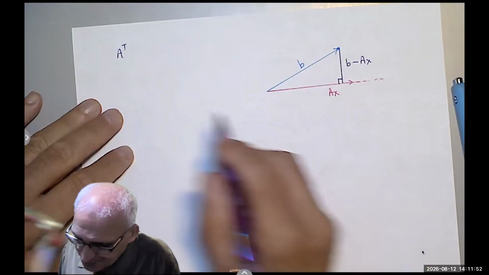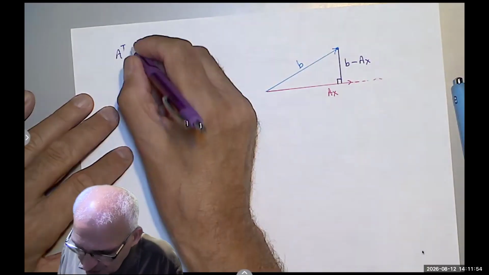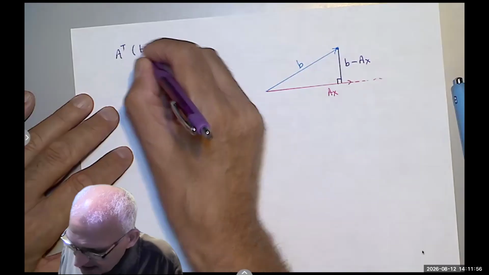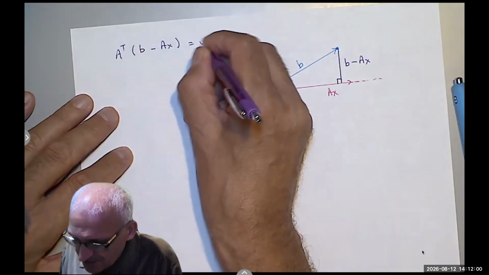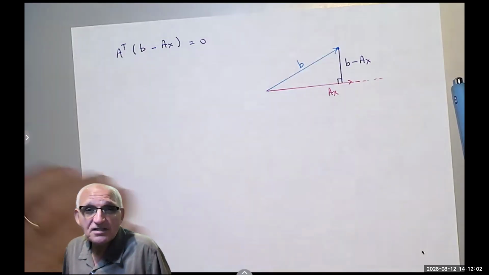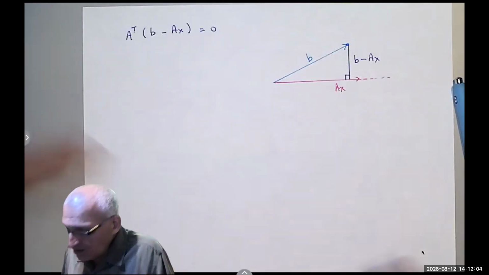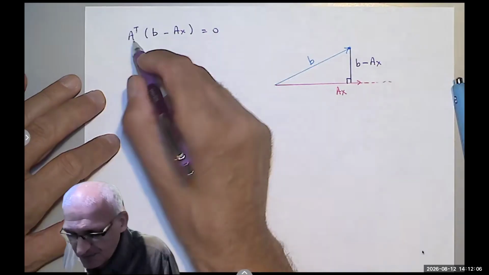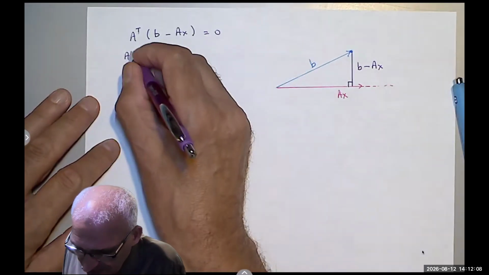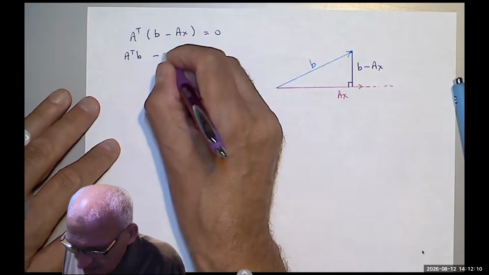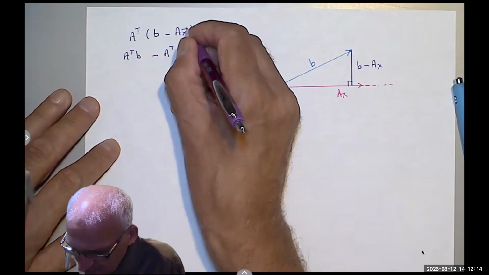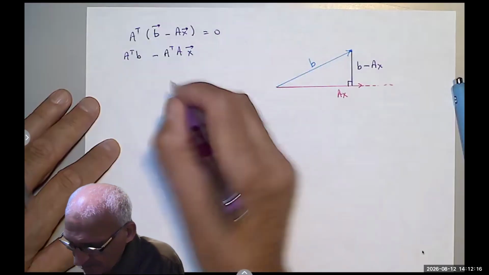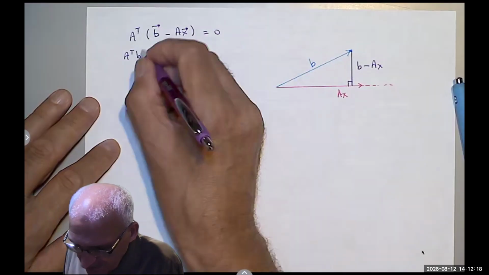This is the equation that we will be using. Of course, we can simplify it by distributing the A transpose. So you get A transpose B minus A transpose A X equals 0.